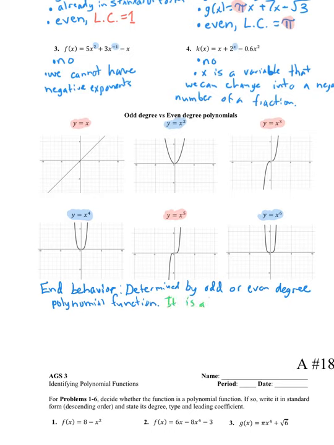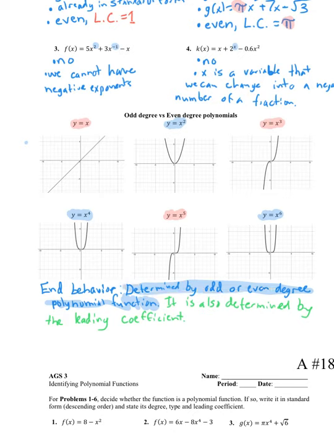It is also determined by the leading coefficient. Those 2 things are going to help us talk about end behavior. Today we're not going to focus on the second part. We're going to focus on this first part. Odd versus even degree. That's what I want to look at today. Next time we'll talk more about the second part.